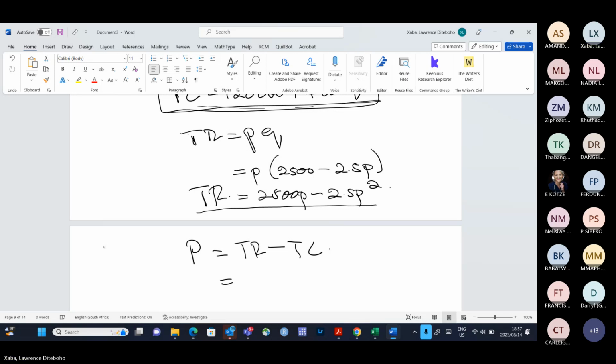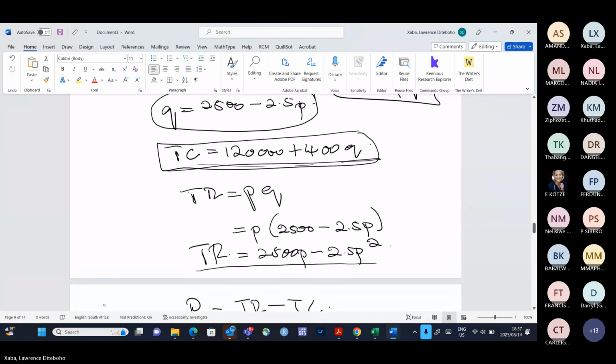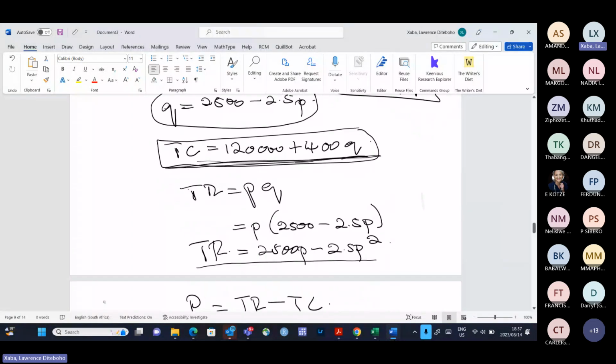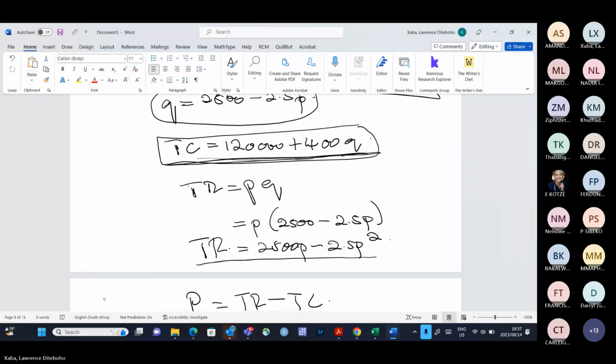Now this is our TC, and we also have Q here. This is the function of our TR, so we want to have a similar function.